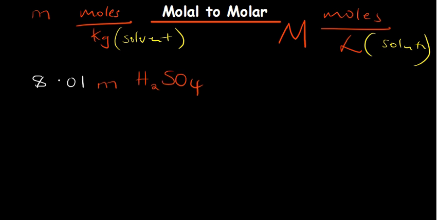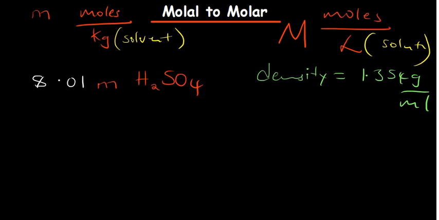Given that the density of the resulting solution was 1.354 grams per milliliter, taking that to be our density, we need to find the molar concentration.